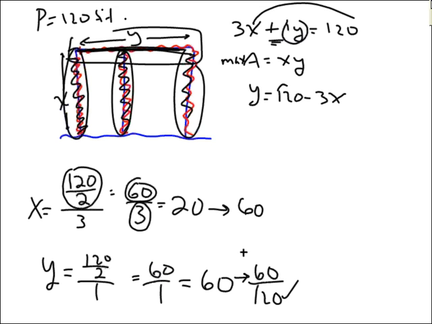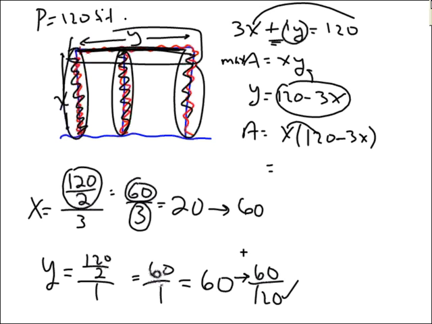So I take this new way of writing Y. So A is X times another way of writing Y, that is, it's still XY, and this is 120X minus 3X squared. The number in front of X squared is A. The number in front of X is B.